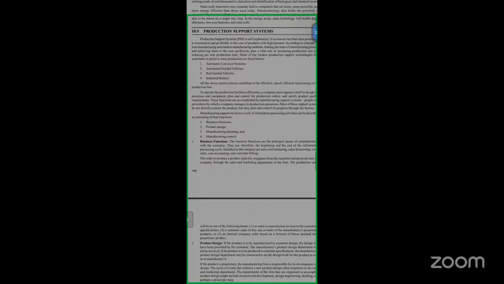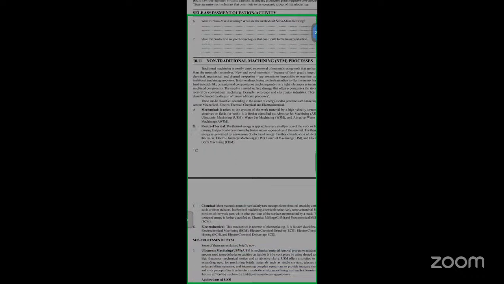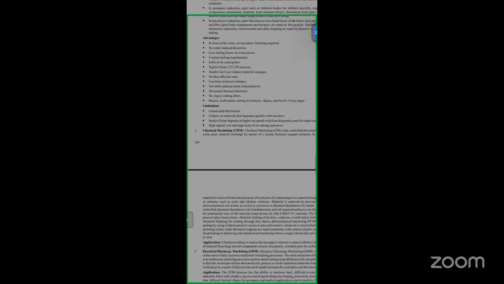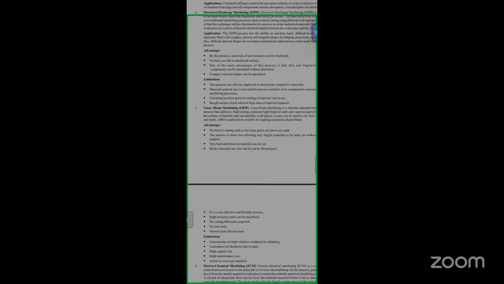And the next one is product support systems, computer aided simulations, non traditional machining processes, sub processes of NTM, electric discharge machining, laser beam machining, electrochemical machining.